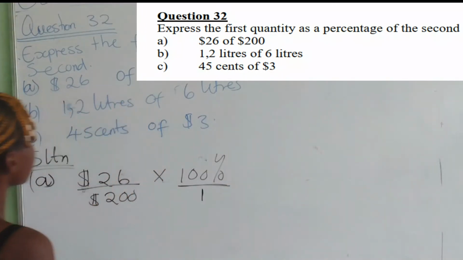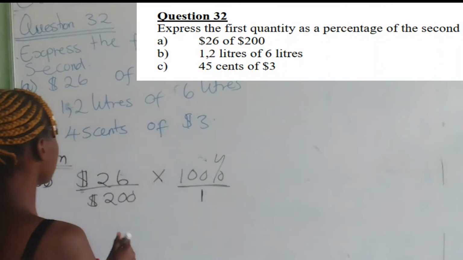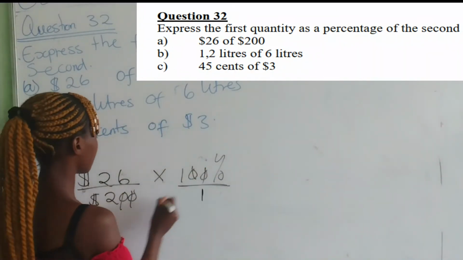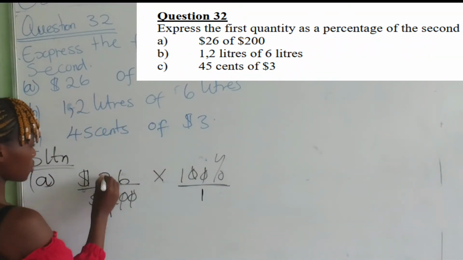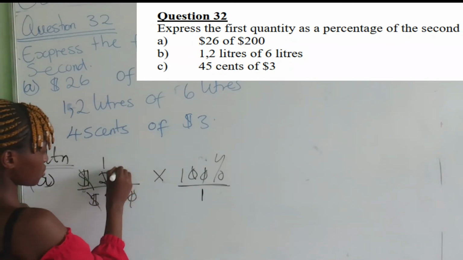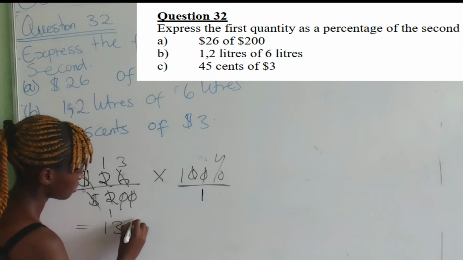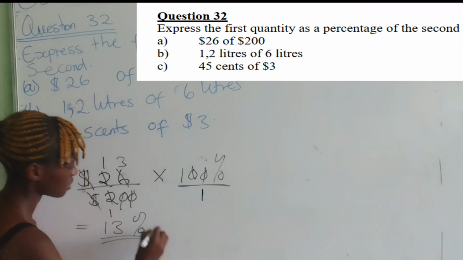Okay, so this is how it's going to be, right? So we simplify. 2 into 2 is 1, 2 into 6 is 3 times this one. 18%, guys.